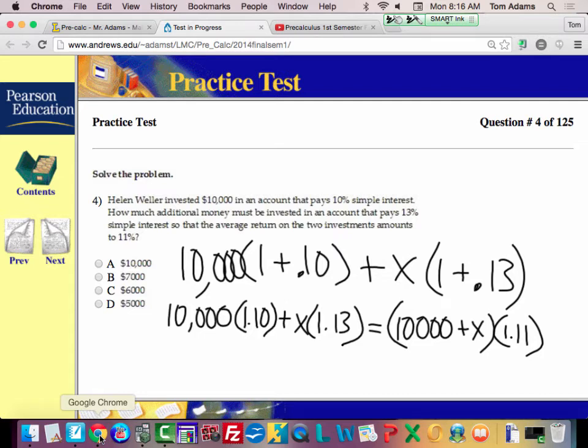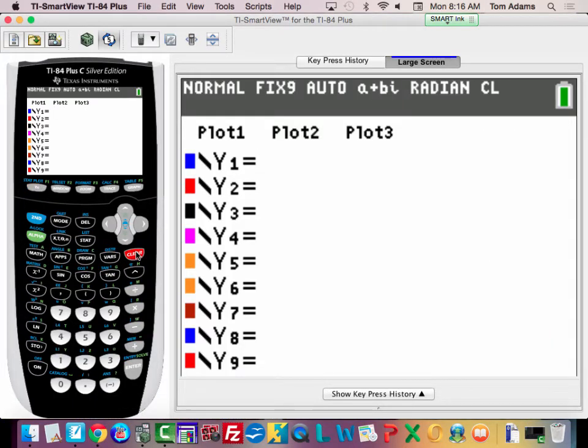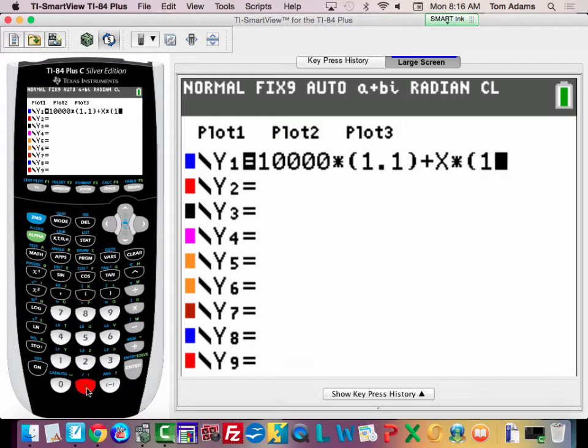Now, mathematically, we could go through and do some algebra, or we could just solve this equation by graphing everything on the left and graphing everything on the right and finding the intersection. I want to do that because when you take a standardized test, sometimes this is the quicker way, so long as you do it properly. So this is 10,000 times the quantity 1.10, plus X, we don't know what X is, times the quantity 1.13.